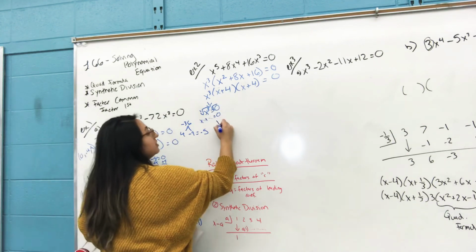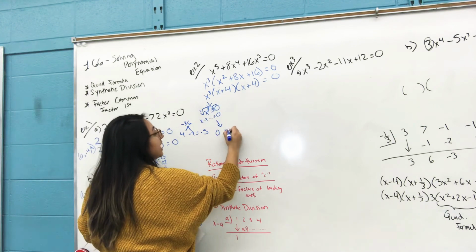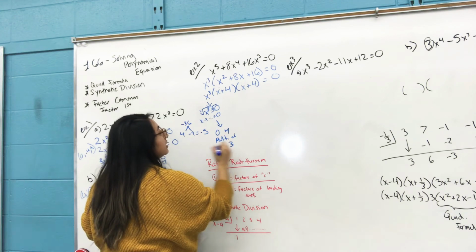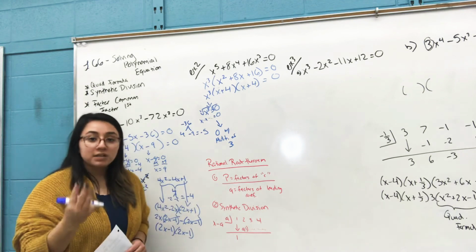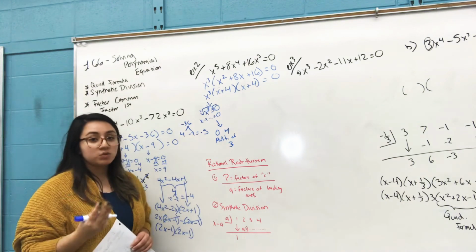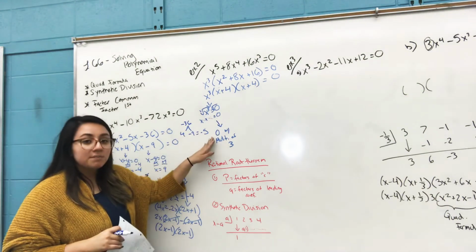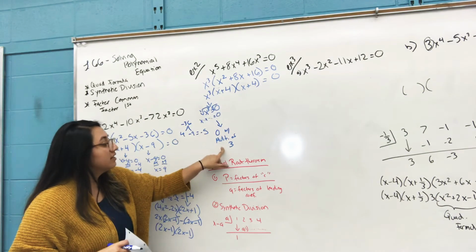So here the first answer is 0, but it has a multiplicity of 3. X cubed, there are 3 of the x's that you multiply to get that 0. So the answer is x equals 0, but it has a multiplicity of 3.